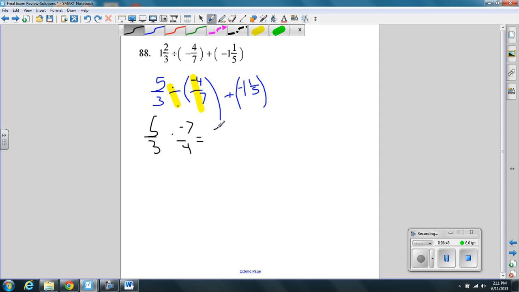So this here equals negative 35 over 12. And if we write this as a mixed number, 12 goes into 35 negative 2 times. That's 24, leaving us with 11 left over out of 12. We're going to add to this fraction right here.